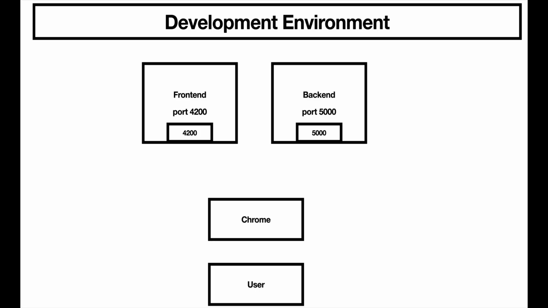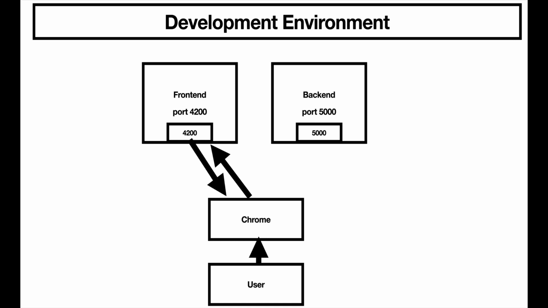First, I would like to explain the development environment. As a user, we are accessing the Chrome browser, and we are accessing localhost 4200. And since we mapped our port 4200 to 4200 inside the container, it will forward that, and our Docker container will return all the Angular stuff.